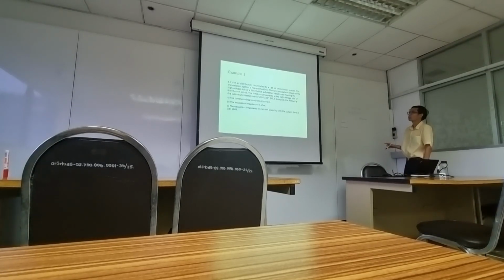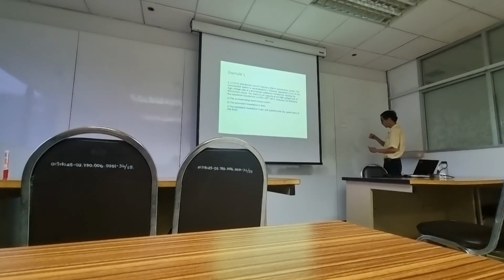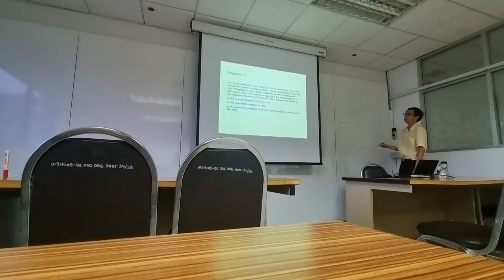We measure the short circuit capacity at the high voltage side of the transformer, so we measure it right here. SSC, something like this, is the short circuit capacity, and this one is 5,000.